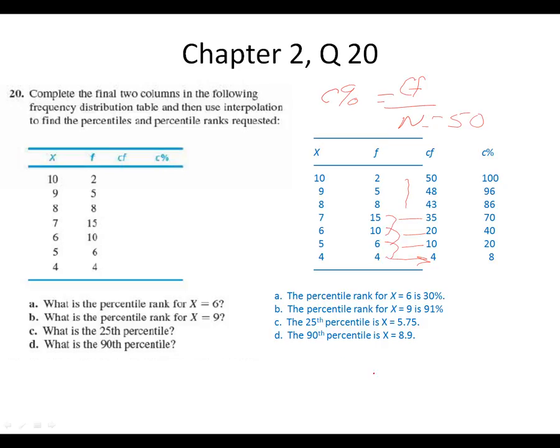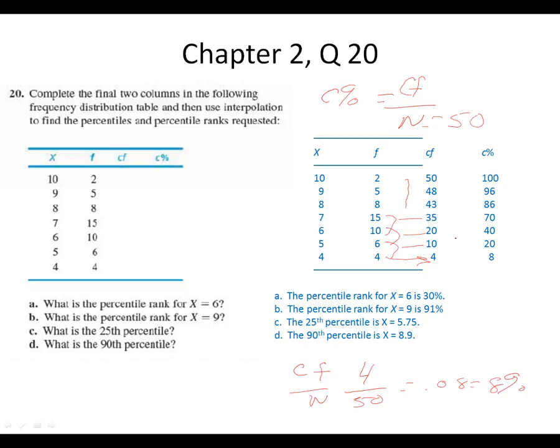And so let's just go ahead and compute that for this particular one. We'll just do the bottom one because it's relatively easy. So if we take the cumulative frequency divided by the n for the bottom one, we're going to find that the bottom cumulative frequency is 4. If we divide it by 50, we're going to get 0.08, which is equal to 8%.